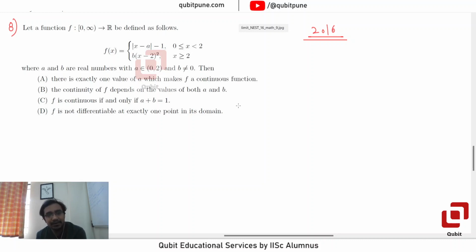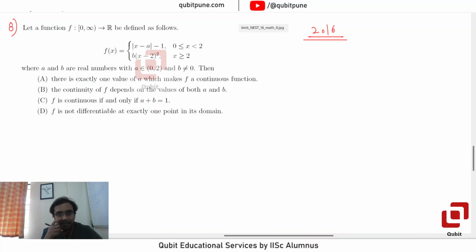The continuity of f depends on the values of both a and b. F is continuous if and only if a plus b is 1. F is not differentiable at exactly one point in its domain. Acha, so we have got that function whose domain is closed interval 0 to infinity, so 0 is there.